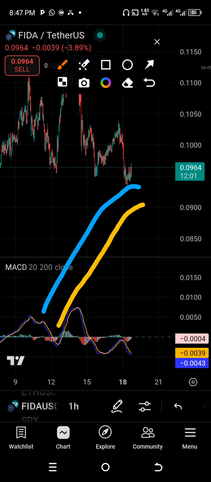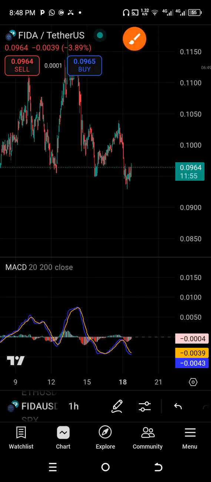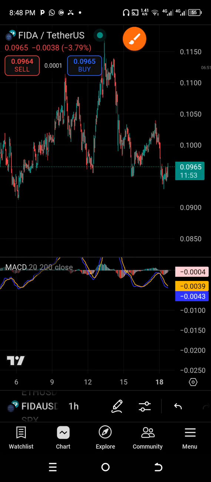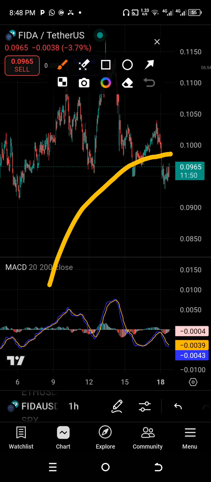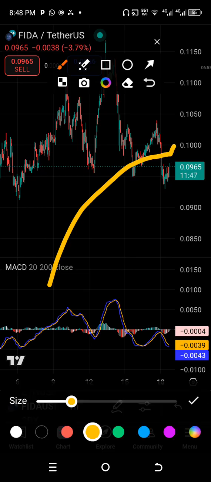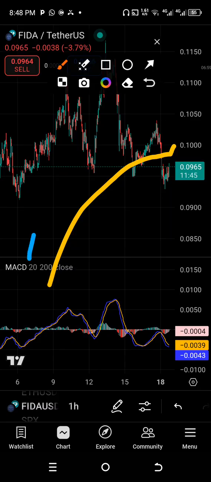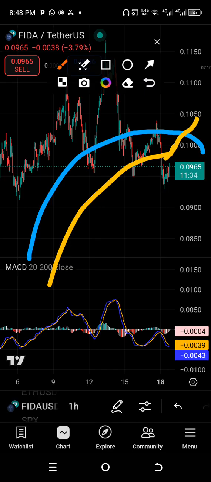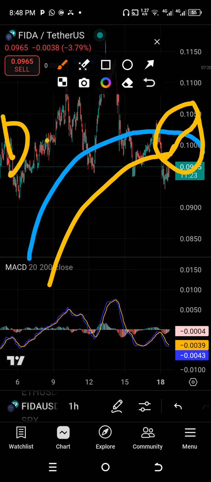When they try to come and meet, the yellow line is coming like this, and it meets this blue line, and they cross like this, and the yellow line closes from the downside. That is what we call a death cross, because this yellow line is the big line. When the big line crosses the small line, it is called a death cross.